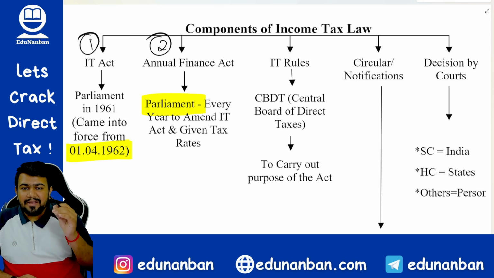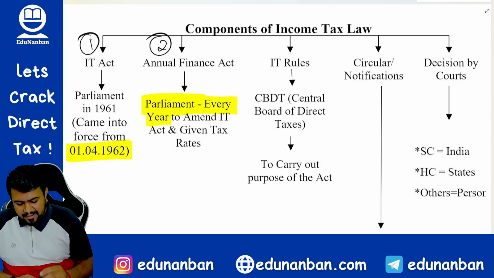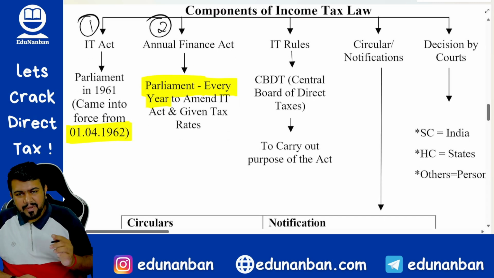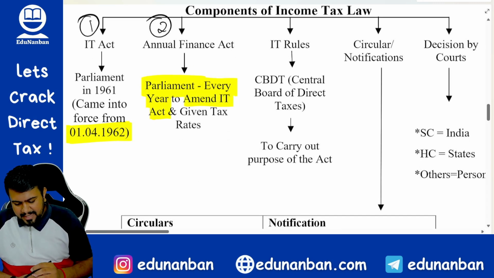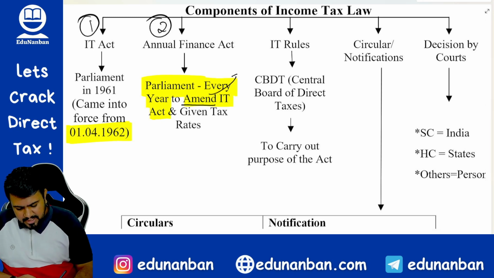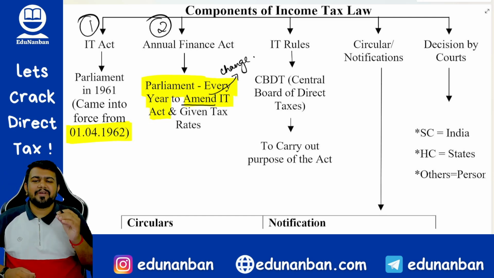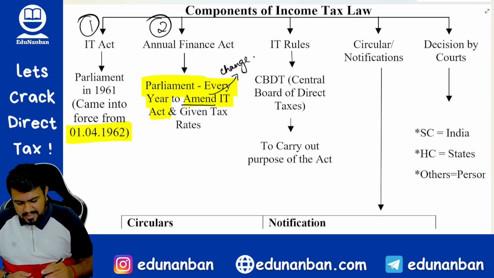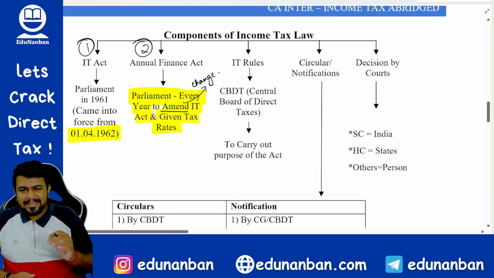It is passed every single year, and its purpose is to amend the Income Tax Act. Sir, what is amend? Amend means change. So the purpose of the Annual Finance Act is to change the Income Tax Act and also to give the tax rates.